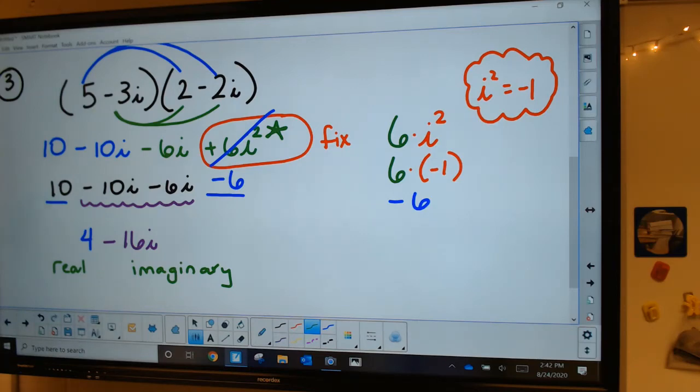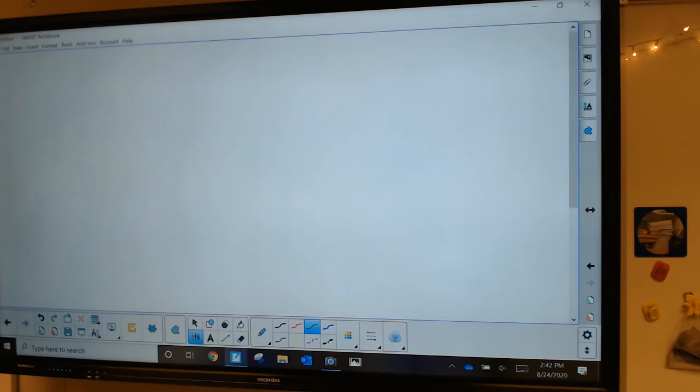All right, I'm going to show you one more example. And it's going to be formatted just a little bit differently. And then I'm going to have you try a couple. Okay. So this is 5 plus 2i quantity squared.